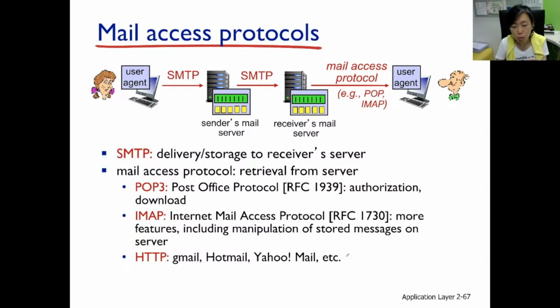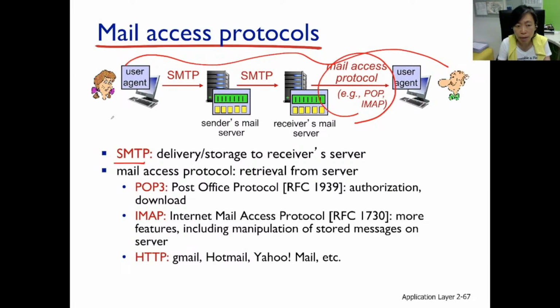Then we'll switch gears a little and talk about the last part of the email application. We've talked about the flow of sending an email all the way from Alice to Bob. The mail access protocol runs in this part of the entire flow. The SMTP we talked about earlier only covers email exchange up to the receiver's mail server. Between the receiver's mail server and the actual receiver, it's this protocol that's in control.